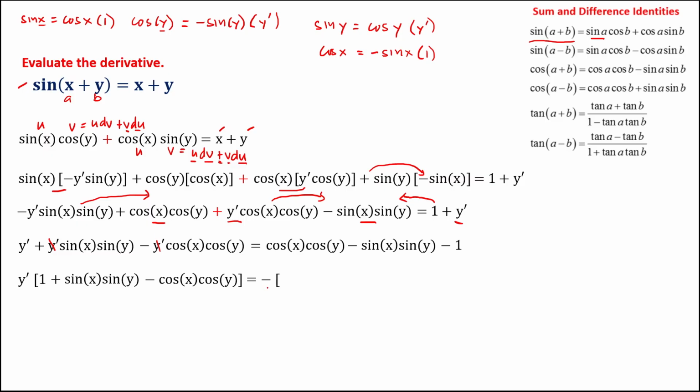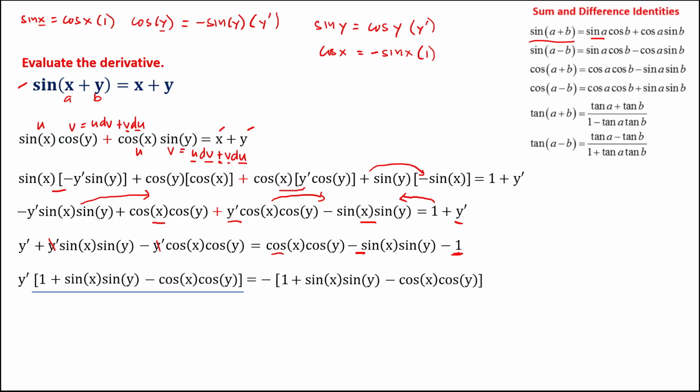So this negative 1 becomes positive 1, this negative sine X becomes positive sine X times sine Y, and this positive cosine X becomes negative cosine X times cosine Y.